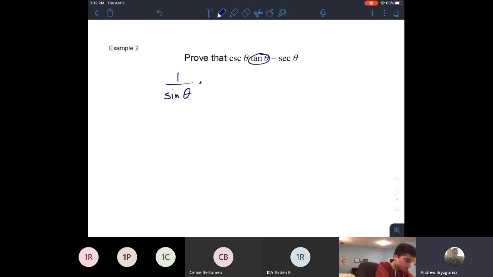Then the second thing is we need to figure out what is tangent equal to. Does anybody remember an alternate form for tangent? One over, oh wait, no. 1 over that one thing.